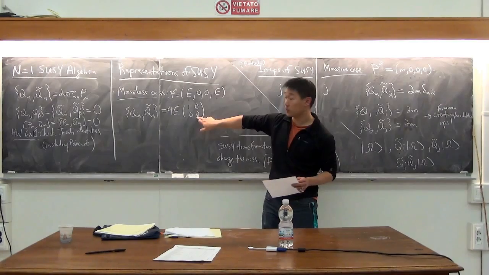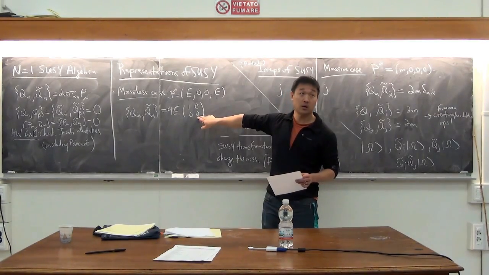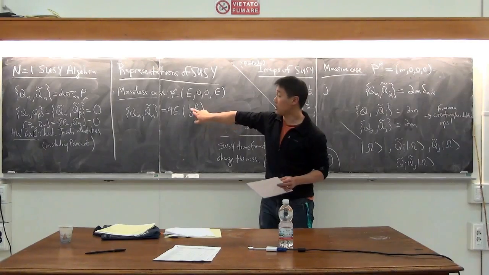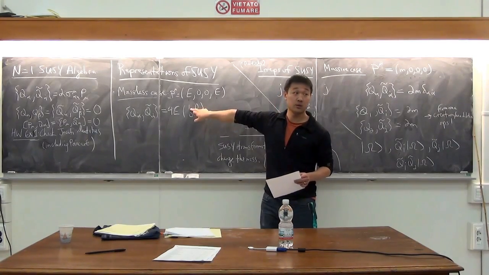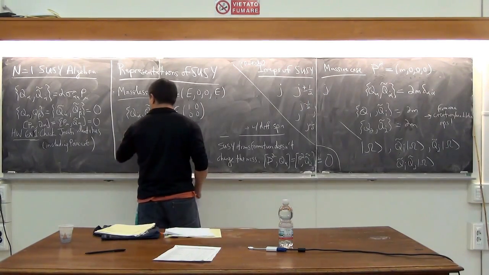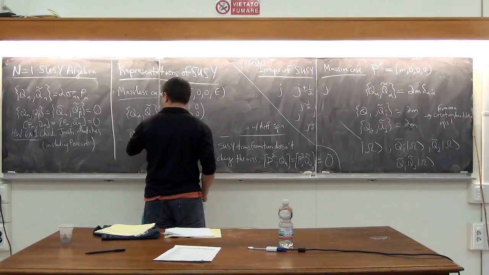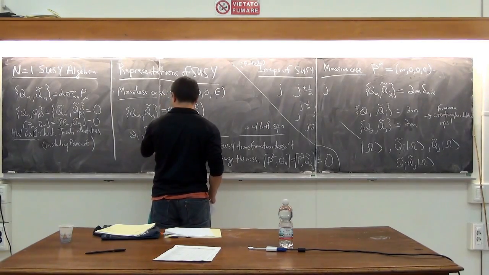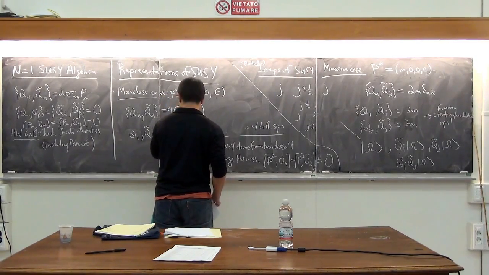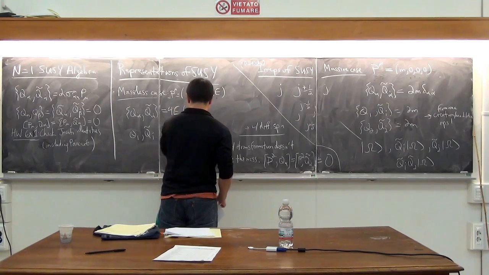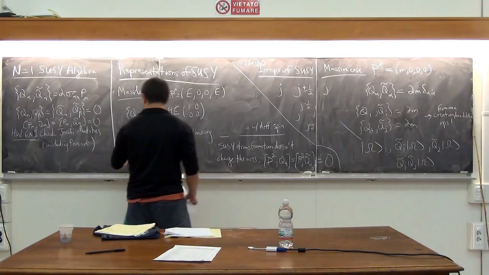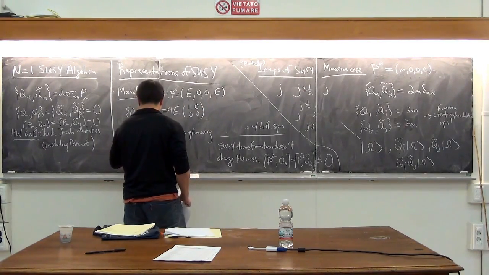So these guys, which used to be 1, are now 0. They don't do anything. And then these are the raising and lowering operators. So Q1 dot are a pair of raising and lowering operators, and Q2 are just 0.